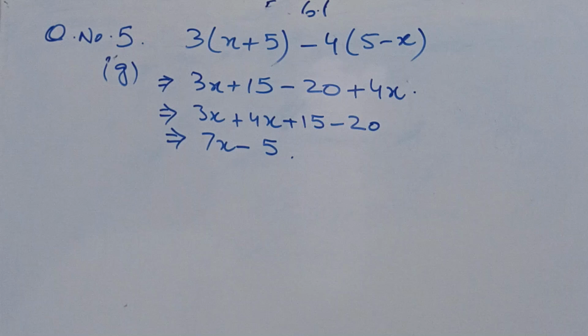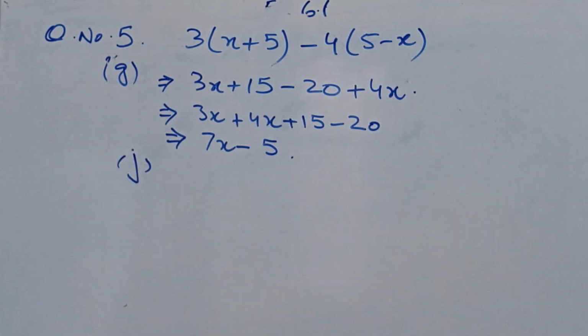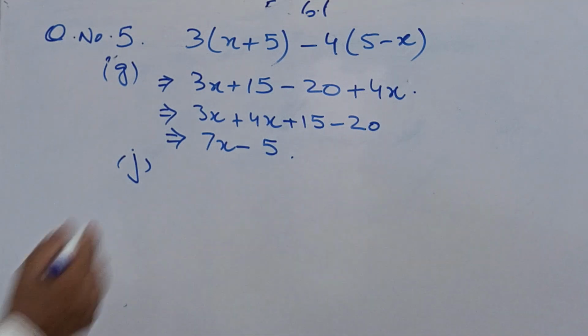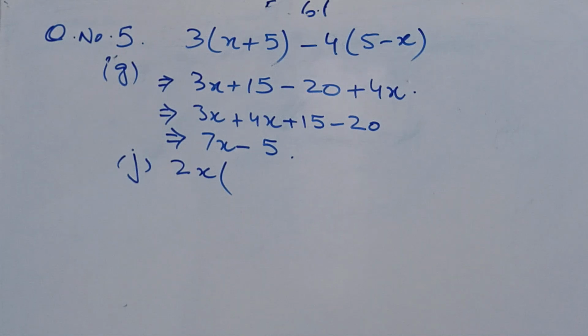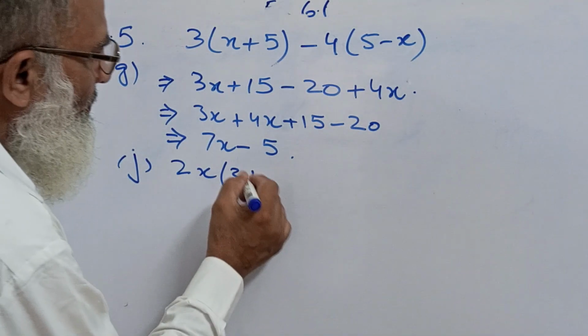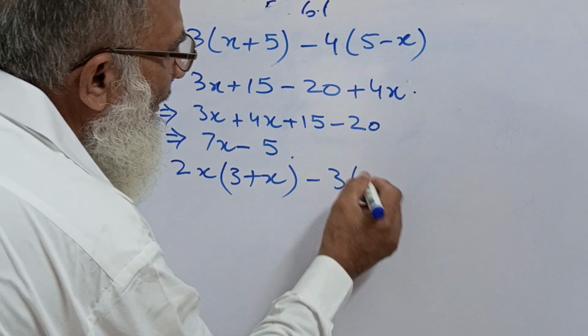there are some more questions. I'm going to solve part J. Now J says 2x(3 plus x) and minus 3(x minus 2).